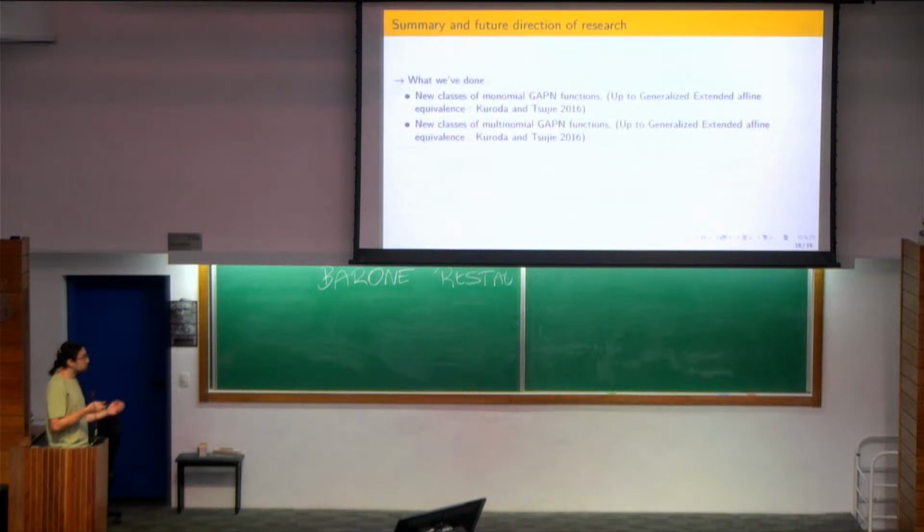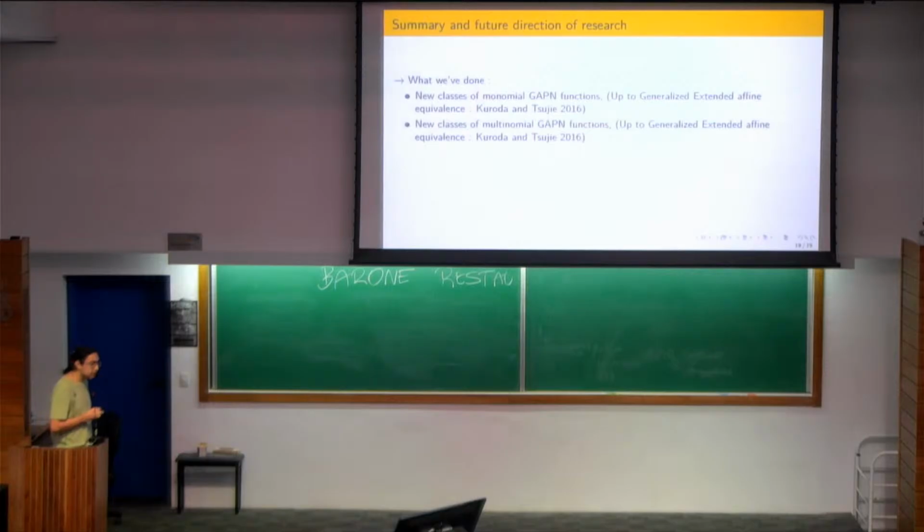So to conclude this talk, we gave new classes of monomial GPN functions up to the generalized affine equivalence given by Kuroda and Tsujie in 2016, and new classes of multinomial GPN functions.